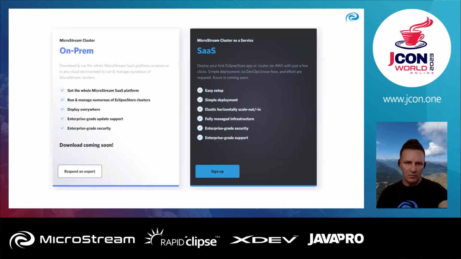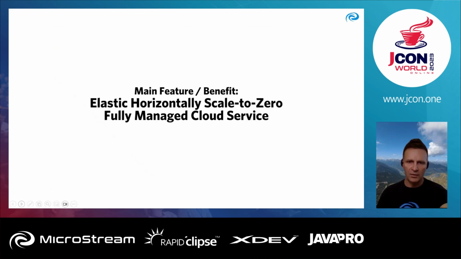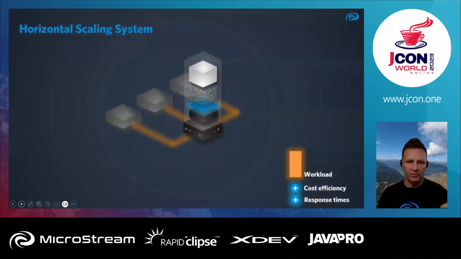So for the rest of the time, 5 minutes left. Here on the website, you can try this out. And this service will enable horizontal scaling. The functional principle is simple, so I'll just talk about the functional principle.